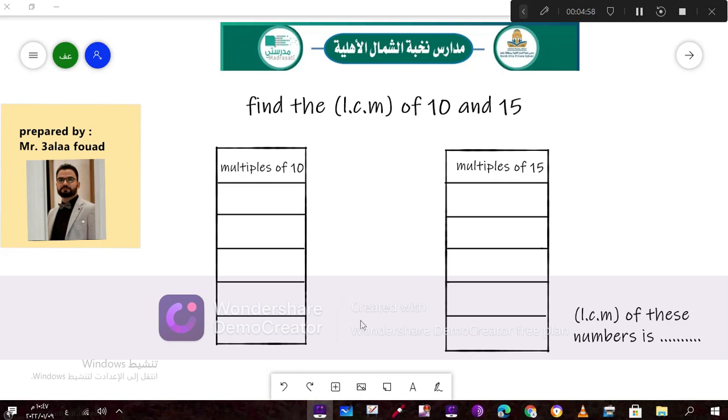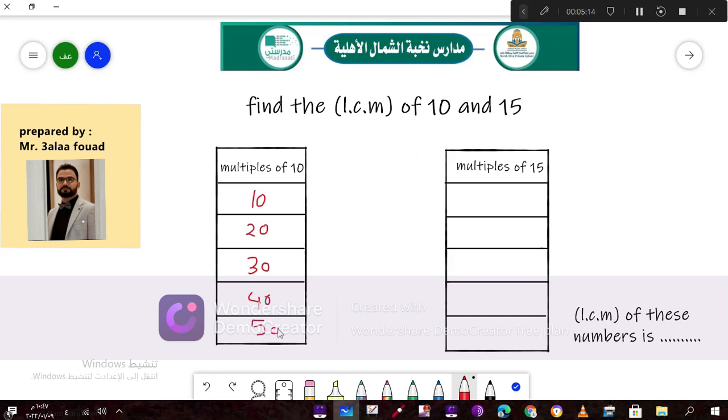Multiples of 10 are 10, 20, 30, 40, 50. And multiples of 15 are 15, 15 times 2 equals 30, plus 15 is 45, 60, and so on.